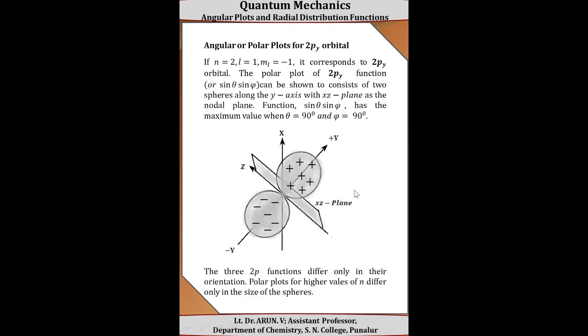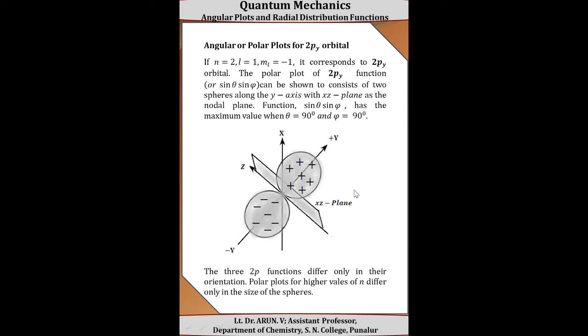In the case of 2py orbitals, the values of the different quantum numbers are n is equal to 2, L is equal to 1 and ml is equal to minus 1. And this corresponds to 2py orbitals. The 2py function contains sin theta and sin phi, and the polar plot of 2py can be shown to consist of two spheres along the y-axis, and here the xz plane is the nodal plane.